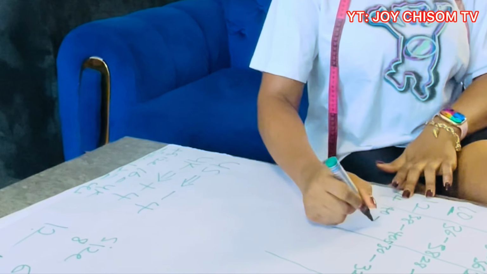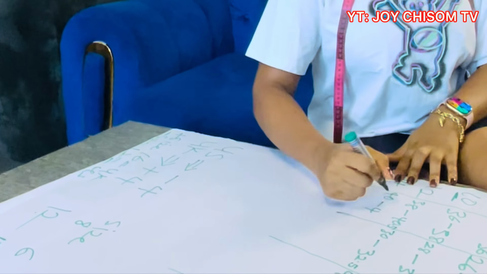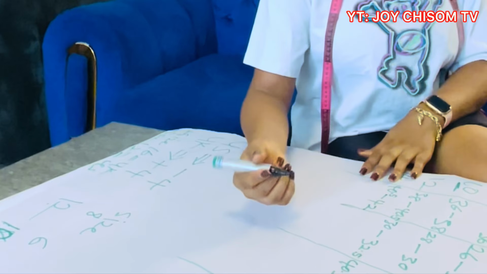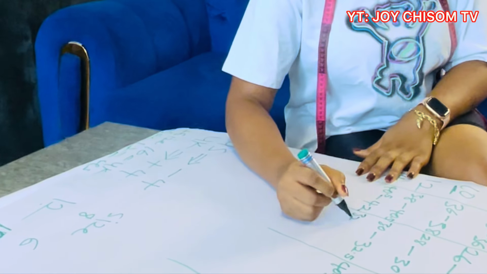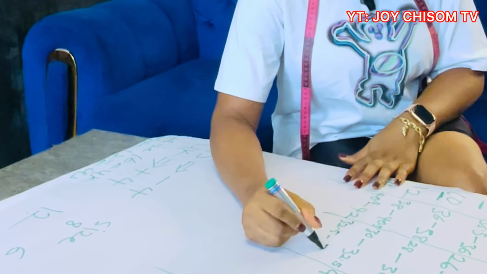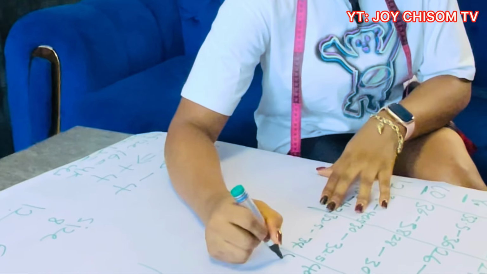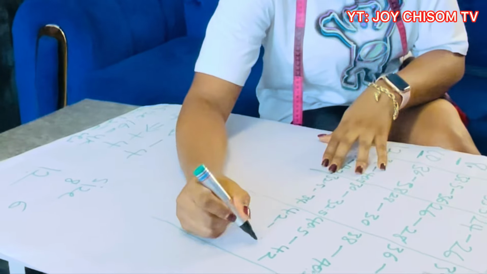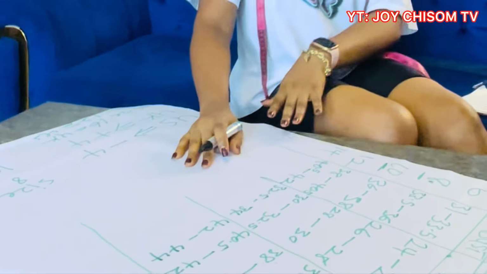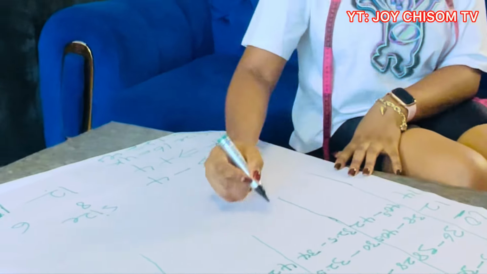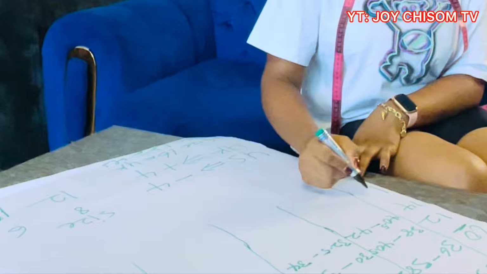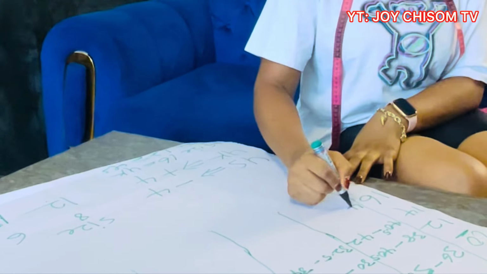So 40 to 40.5 to 42. So 32.5 to what? 34. Then 42 to 44. Then size what? Size 16. 42.